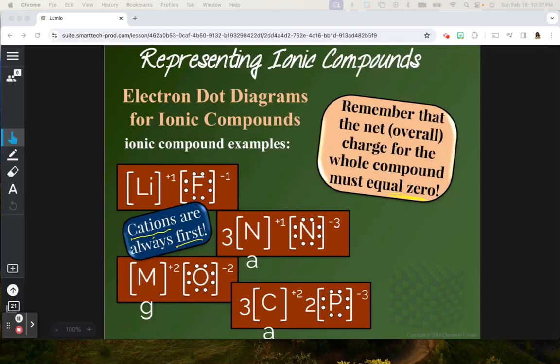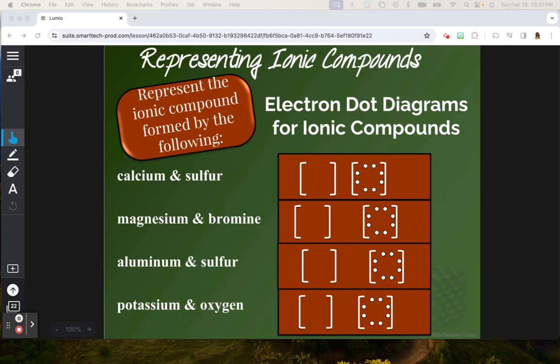Now we have some practice problems for you to try. Calcium would be Ca with 2 positive charge, with sulfur gaining 2 extra electrons will have 2 negative charge. Okay, magnesium has 2 valence electrons, where bromine has 7 valence electrons.